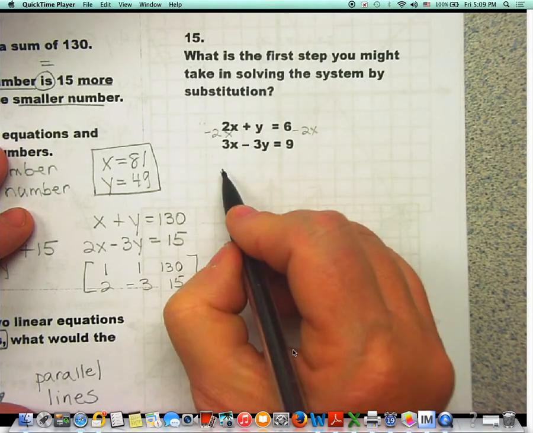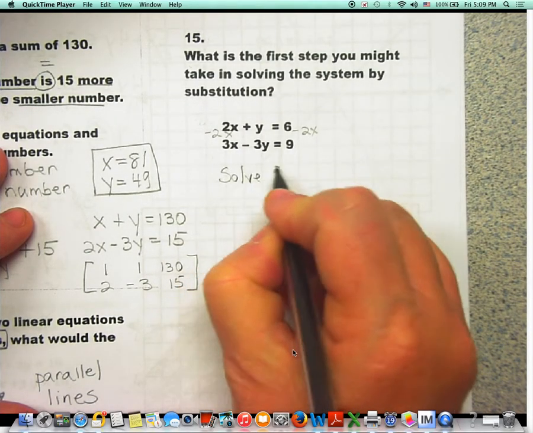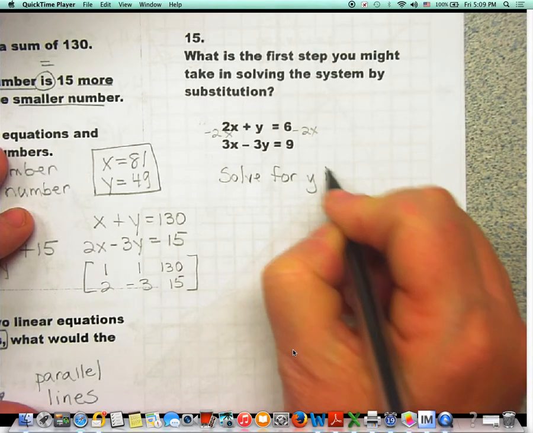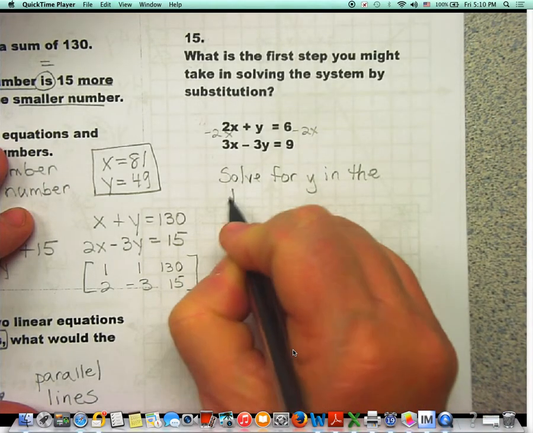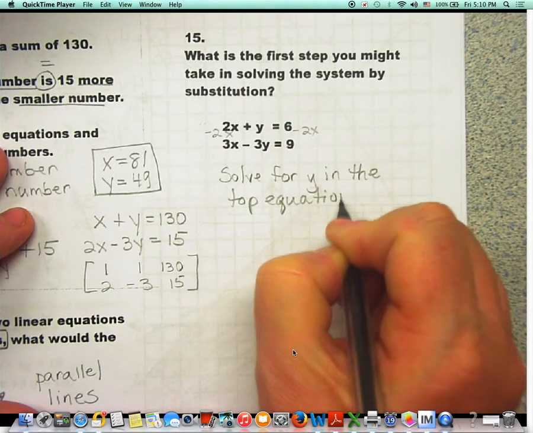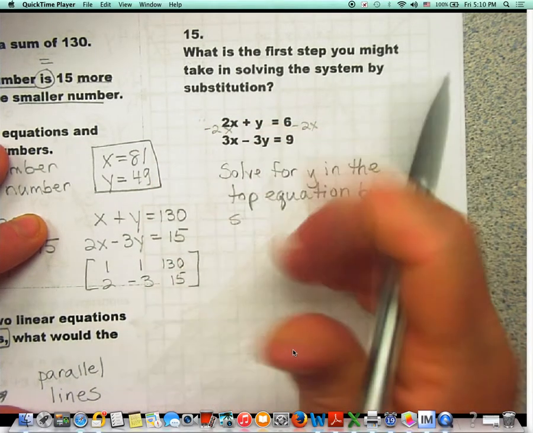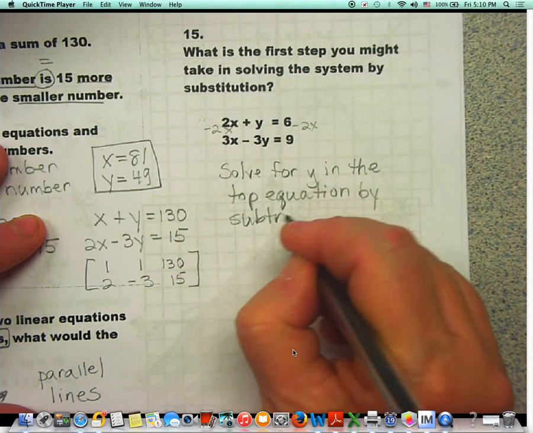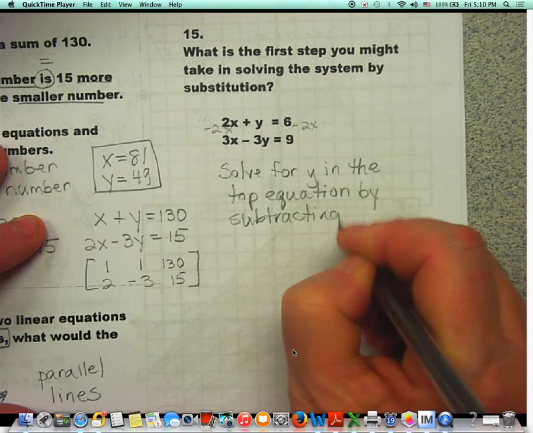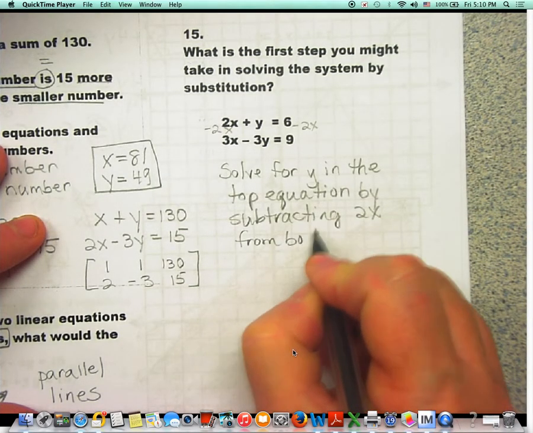So what we're going to put here is solve for y in the top equation by subtracting 2x from both sides.